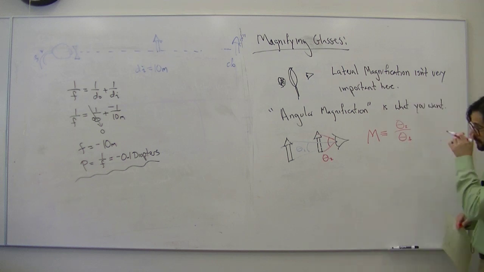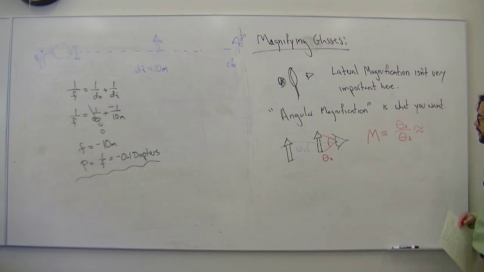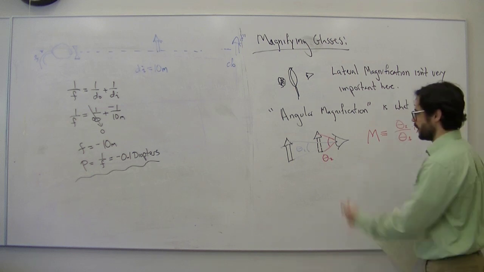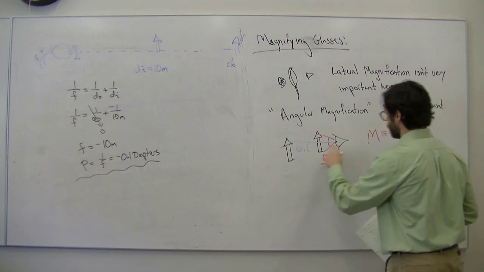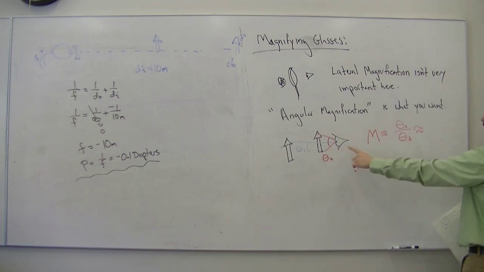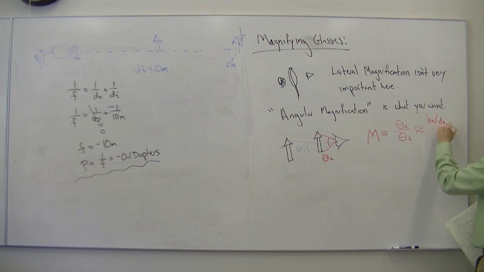And roughly speaking, this is approximately true. It's technically a tangent, but until you get really up in your eye, you can express this in terms of the ratio of, for theta 2, the height of the second object divided by the distance of the second object, and the height of the first object divided by the distance of the first object.